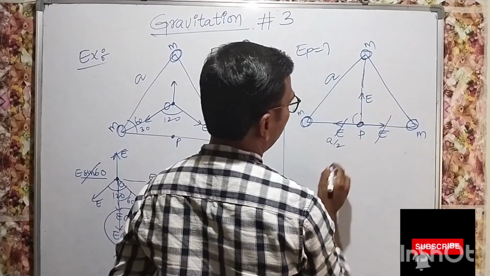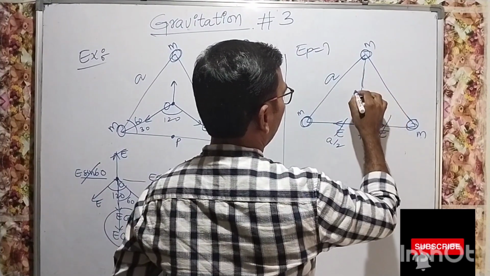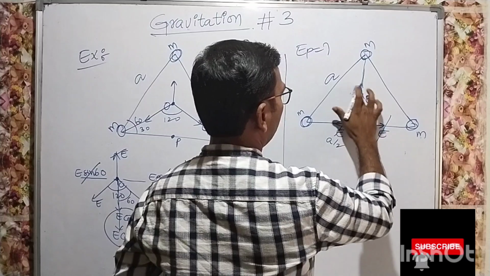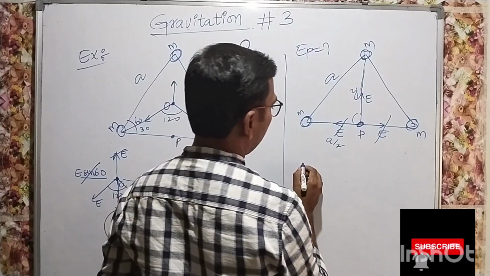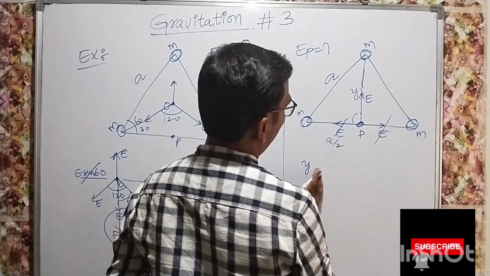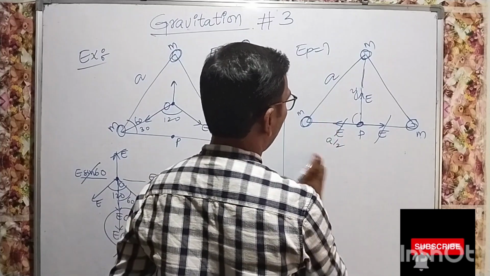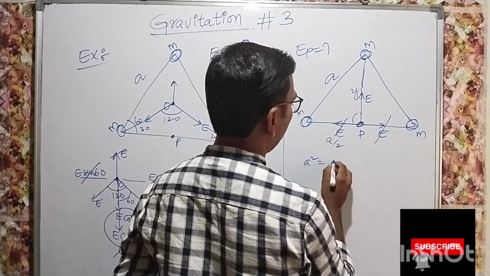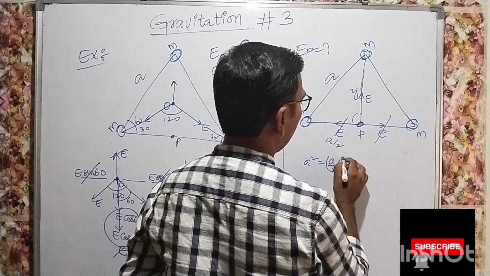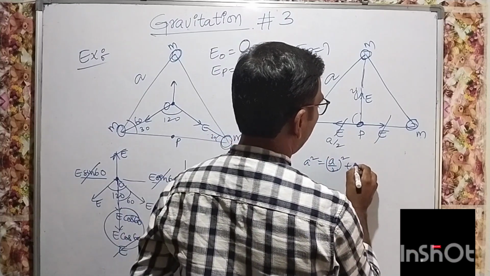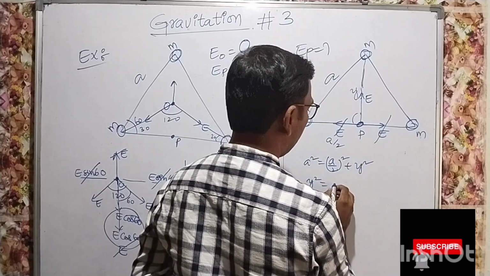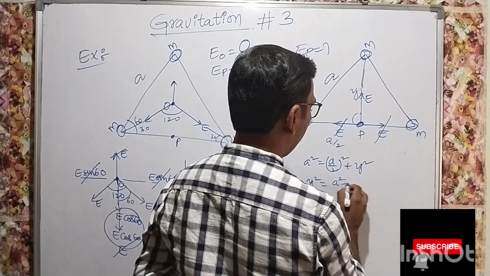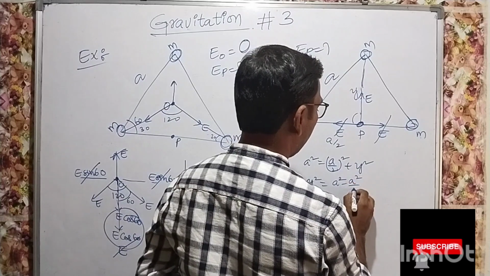I will consider this distance as Y. The hypotenuse A squared is equal to (A by 2) whole squared plus Y squared. I want Y squared. Y squared is equal to A squared minus A squared by 4.